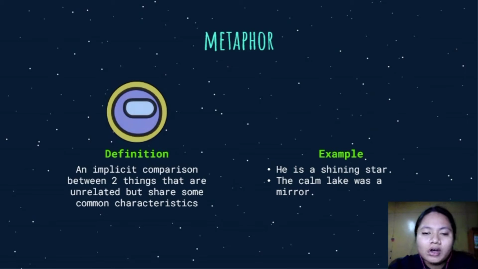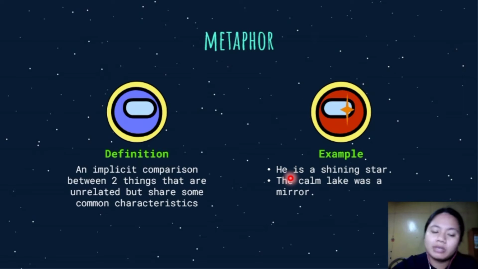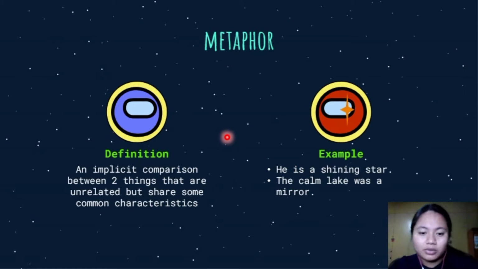Moving on, we are going to talk about metaphor. Metaphor is an implicit comparison between two things that are unrelated but share some common characteristics. Previously we learned about simile, right? Simile is also a comparison between two things that are unrelated, meaning that these two things are unlike.